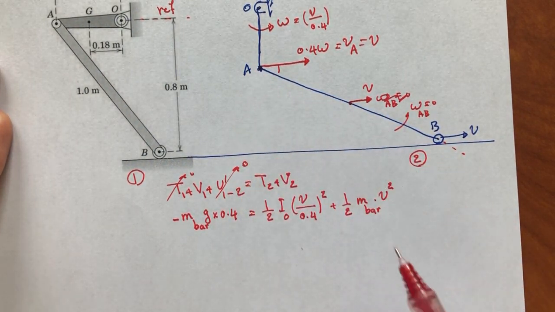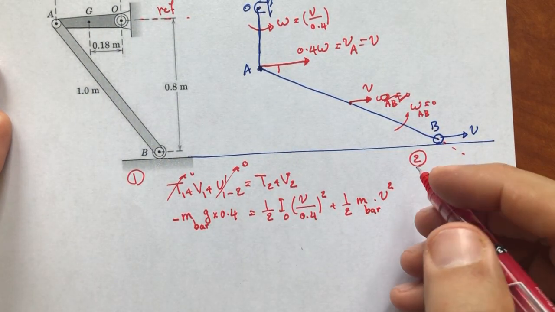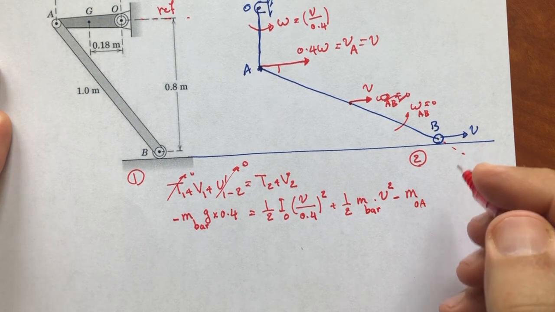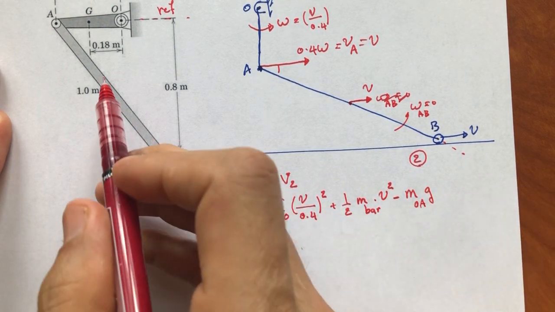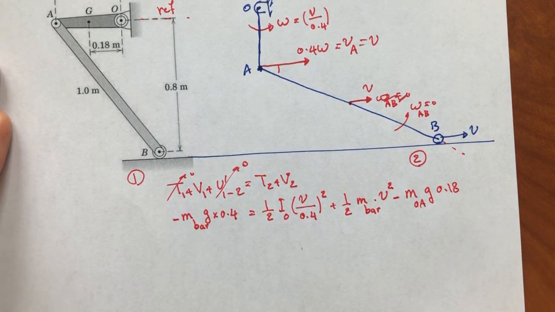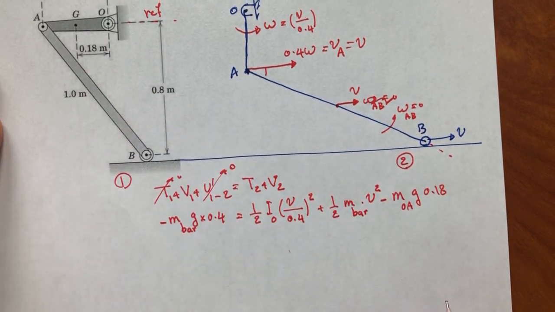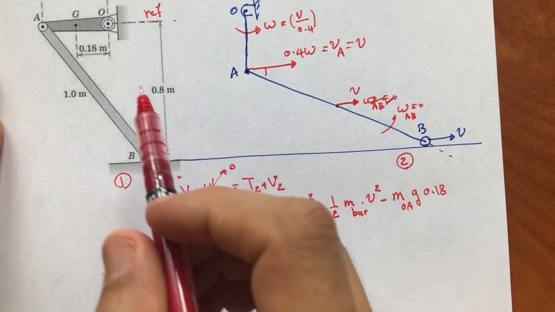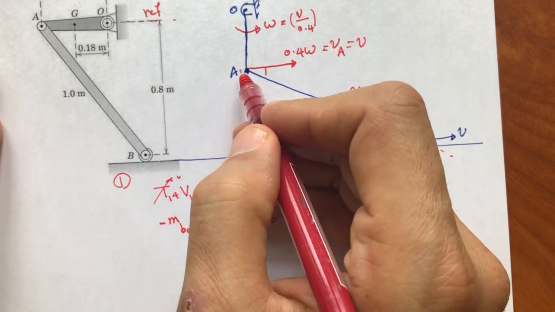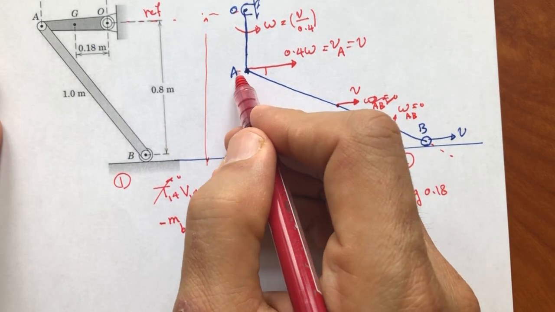Plus potential energy. Potential energy of both of them is going to be negative. For the crank OA, it's going to be negative m of OA times g times 0.18. That's the height of the centroid, and it's given here. For this bar, it's going to be 0.4 plus the distance from here to here, which is 0.8.